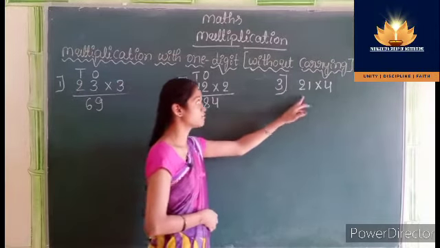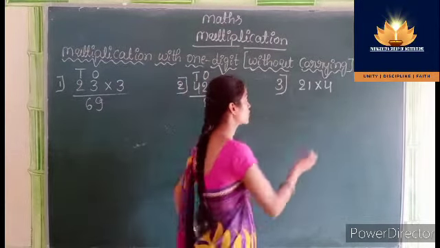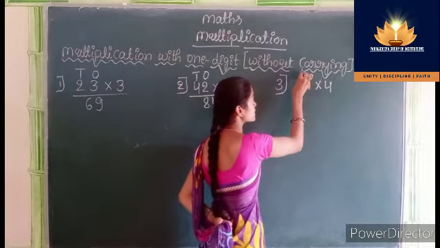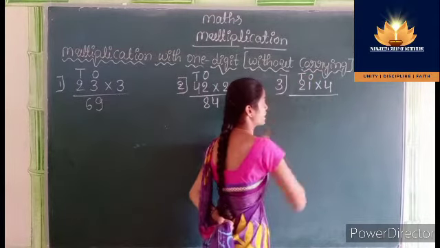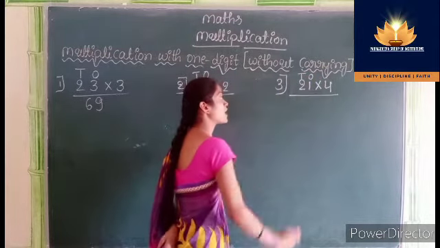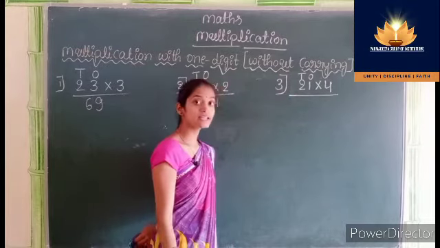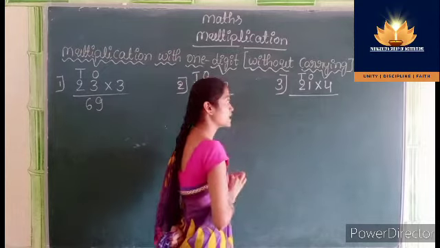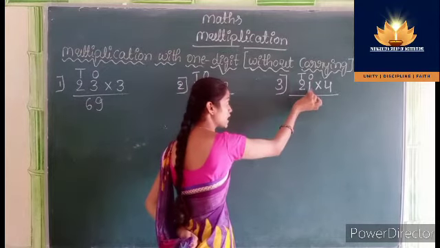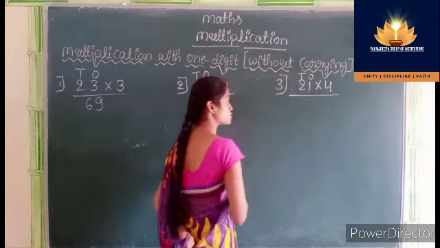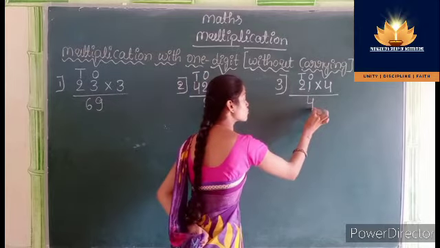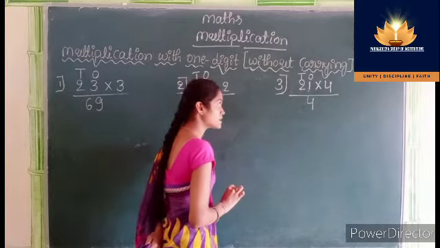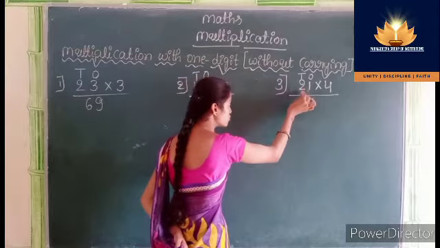Then 21 into 4. This is ones place, this is tens place. First we have to multiply the number which is in ones place with this 4. In ones place we have 1. 4 ones are 4, and in tens place we have 2.